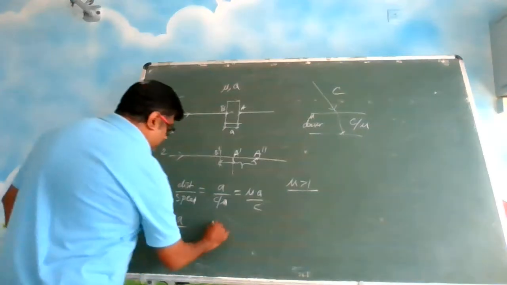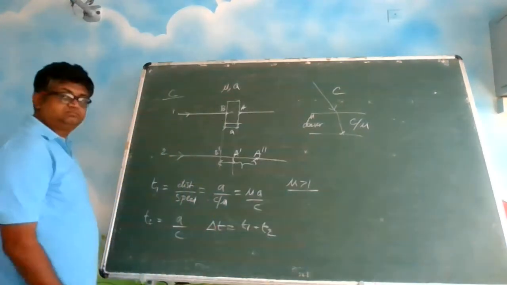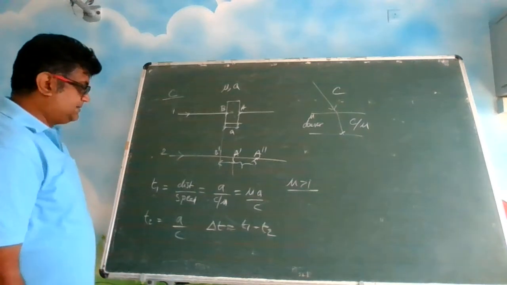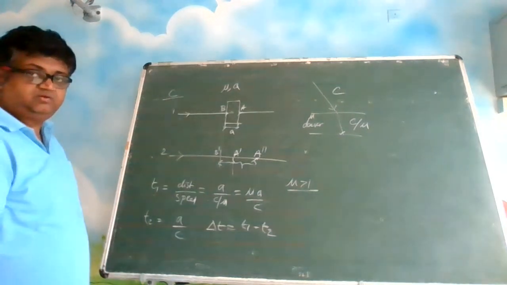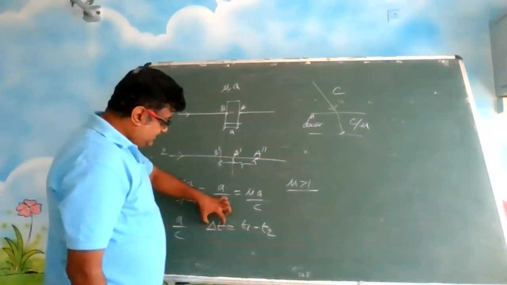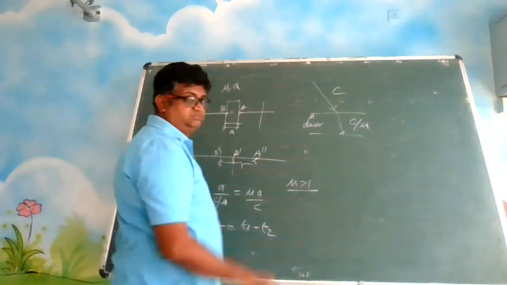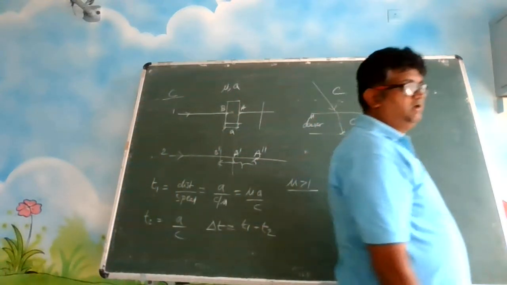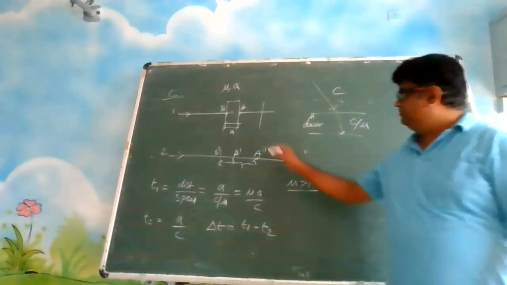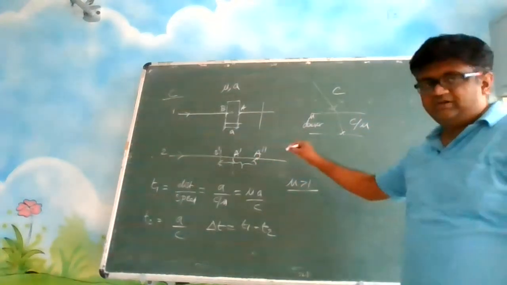That time gap delta T is T1 minus T2. After delta T, this ray also will reach A double dash.